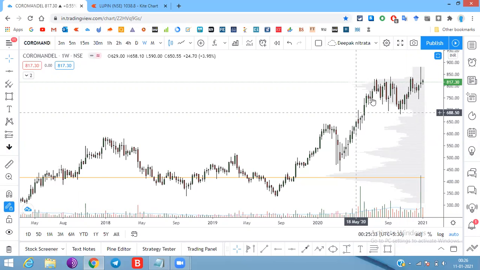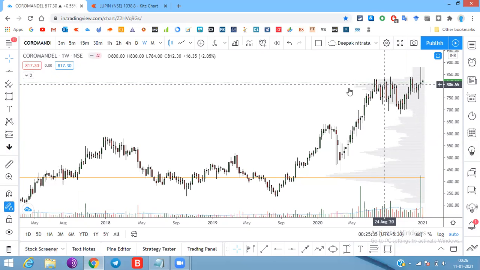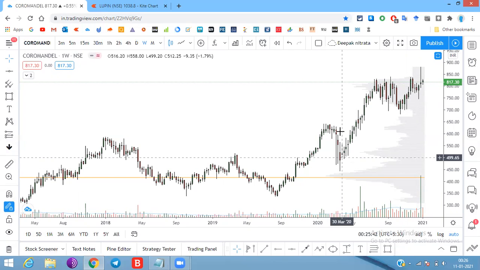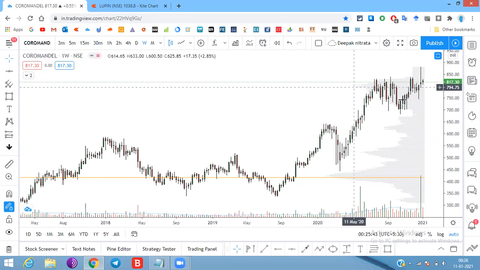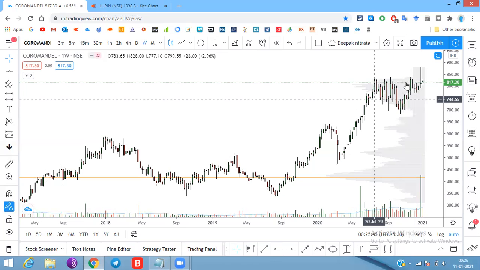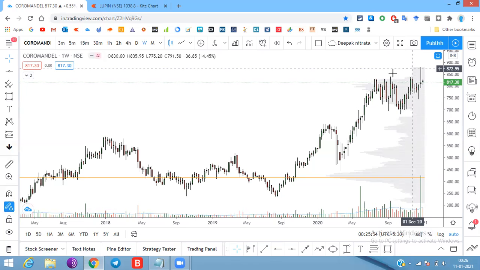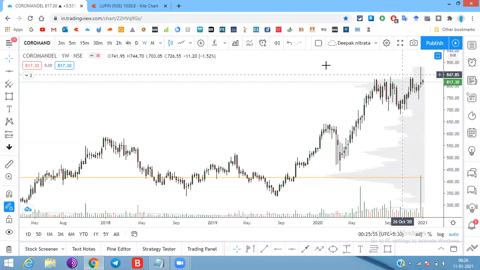Relatively, the high volume node of this region is also almost at par with the point of control, not exactly equal, there's a little difference. Then a balance has been created, and if the price breaks with good volumes again, it will again enter into a low volume node region.